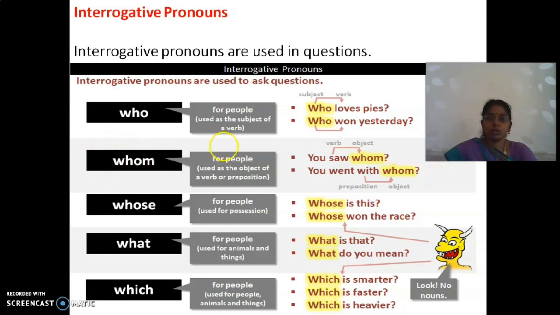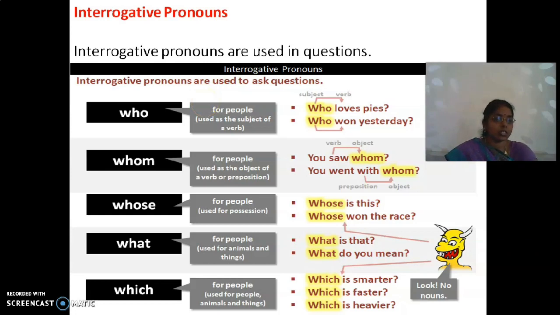Whose is used for possession. This is a word which we usually use in our class. Whose pencil is this? Whose pen is this? Whose box is this? All these questions you will be asking daily, isn't it? So, whose is used for possession.